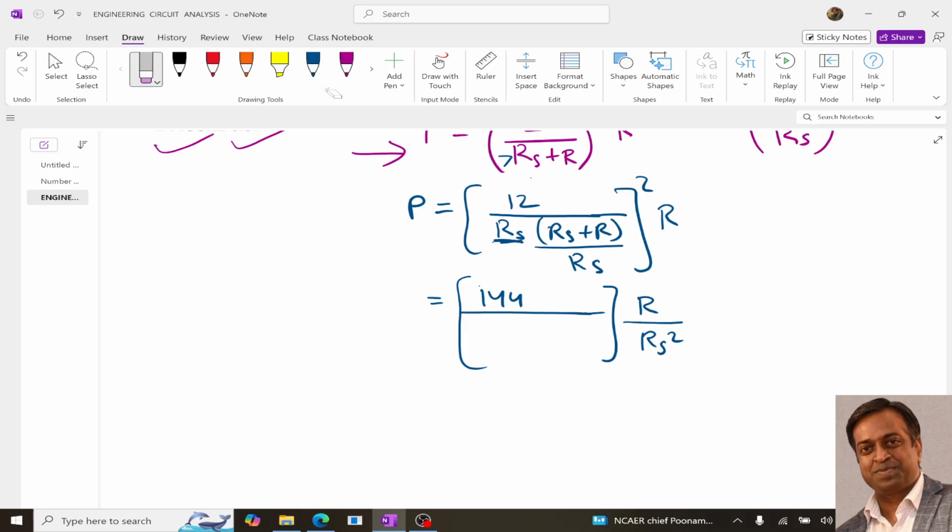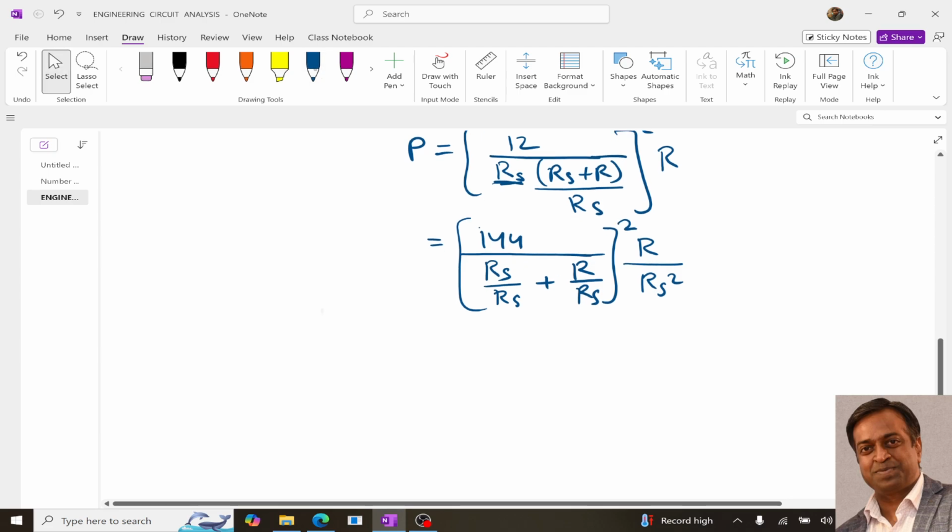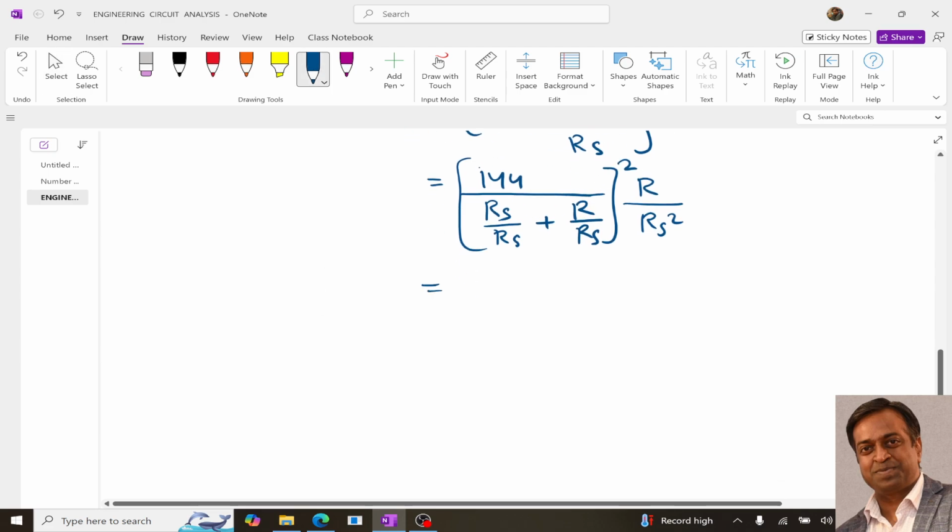In the remaining part, we can write RS upon RS plus R upon RS, and this is squared.